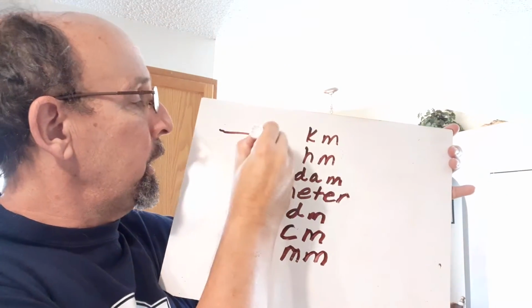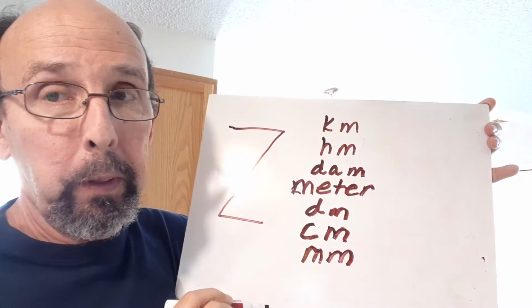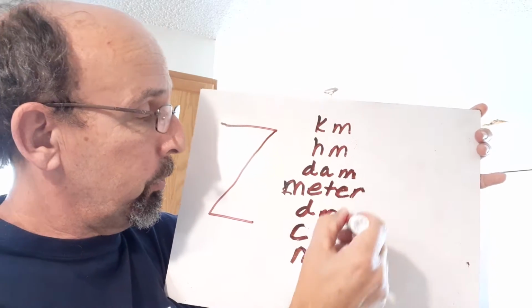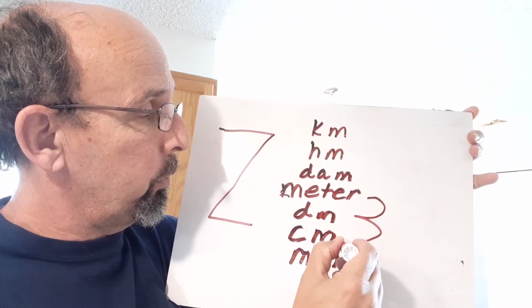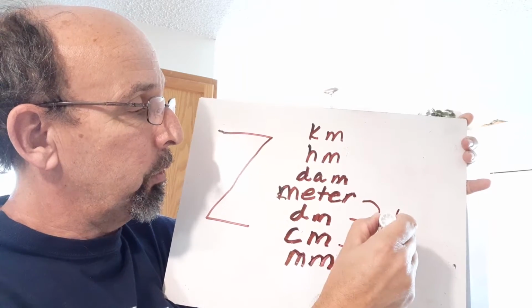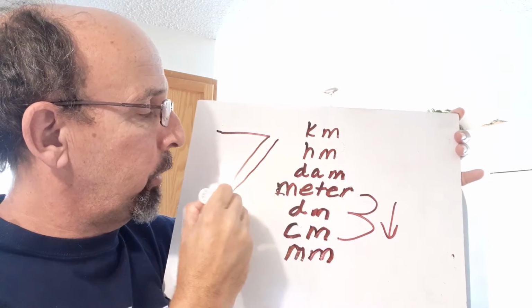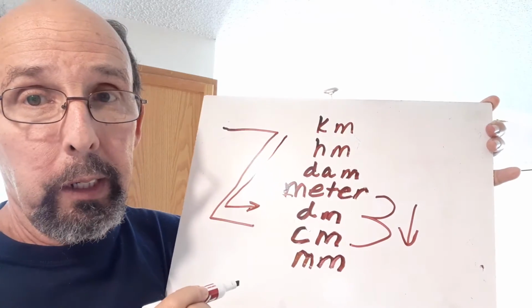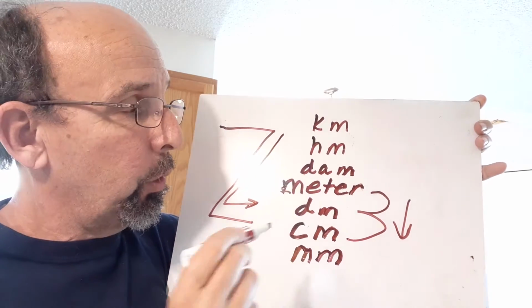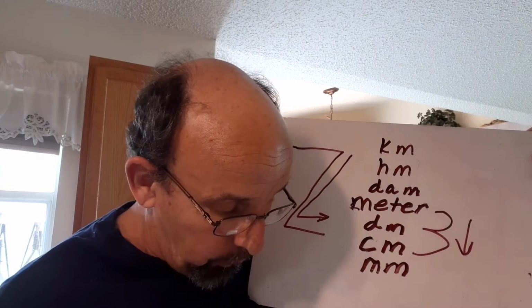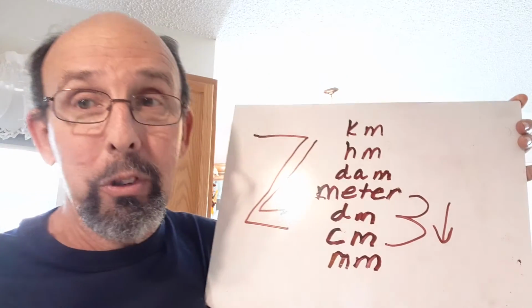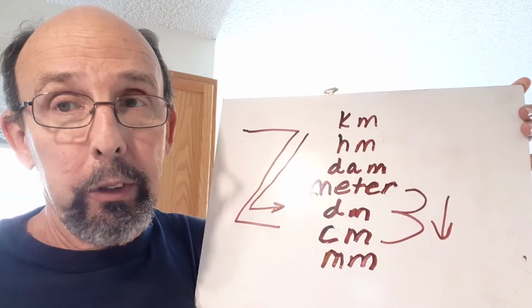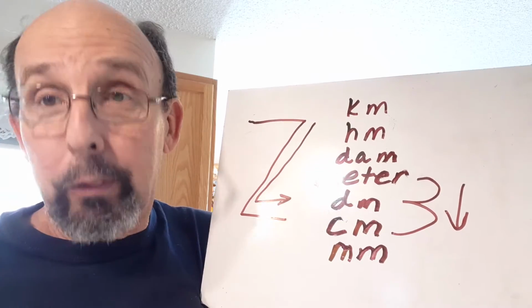If you use the Z, you're going from meters to centimeters, 2 places. You're going down in the scale. If you go down in the scale, the decimal place goes to the right. So I'm going 2 decimal places to the right, and you see there, it becomes 700.